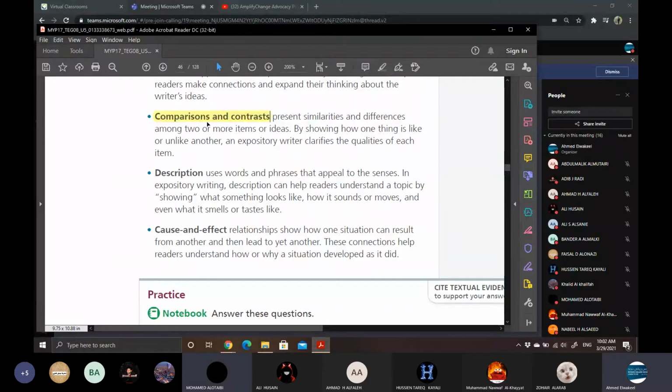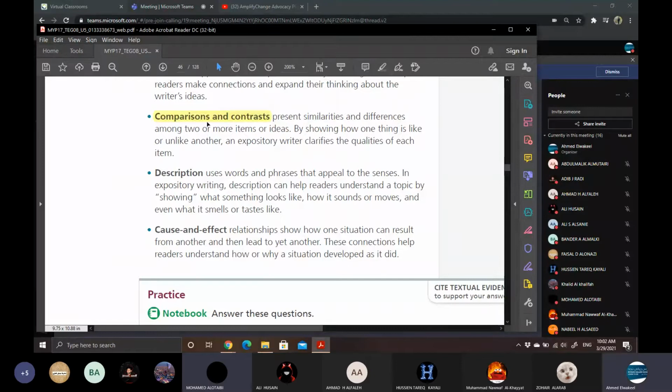Comparison and contrast. Okay. Comparisons and contrasts present similarities and differences among two or more items or ideas by showing how one thing is like or unlike another.